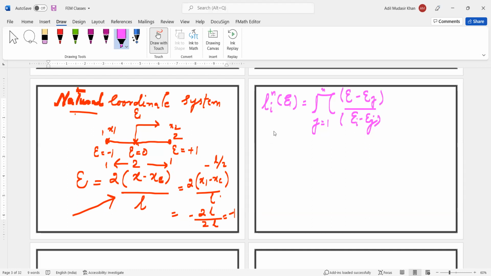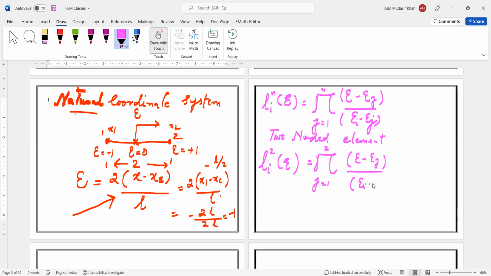Now, let's suppose we have a two-noded element. So we'll be having L_i^2 of zeta equal to the product, j going from 1 to 2, of (zeta minus zeta j) divided by (zeta i minus zeta j).